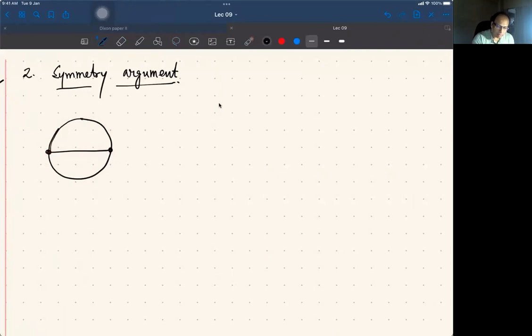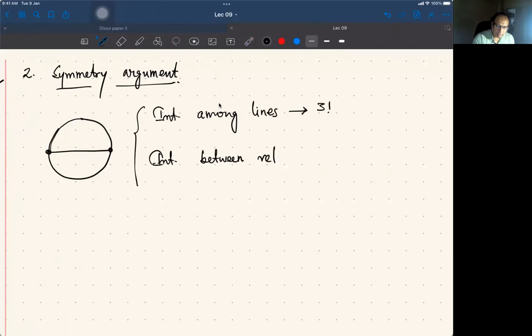So the symmetry is interchange among lines that gives factorial 3, and it interchange between vertices that gives you 2. That's total symmetry factor, factorial 3 times 2.